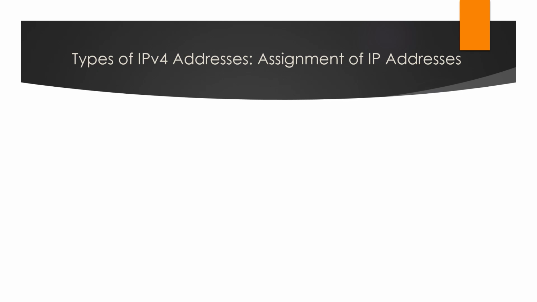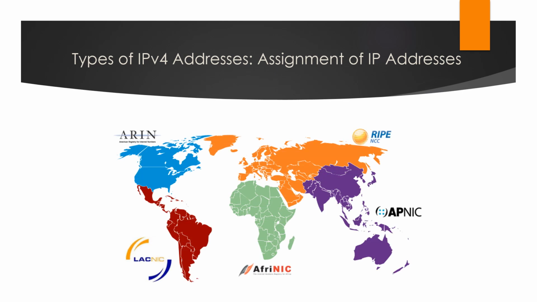Public IPv4 addresses must be unique. Both IPv4 and IPv6 addresses are managed by the Internet Assigned Numbers Authority, which manages and allocates blocks of IP addresses to the regional Internet registries. The 5 regional Internet registries are shown in this figure.